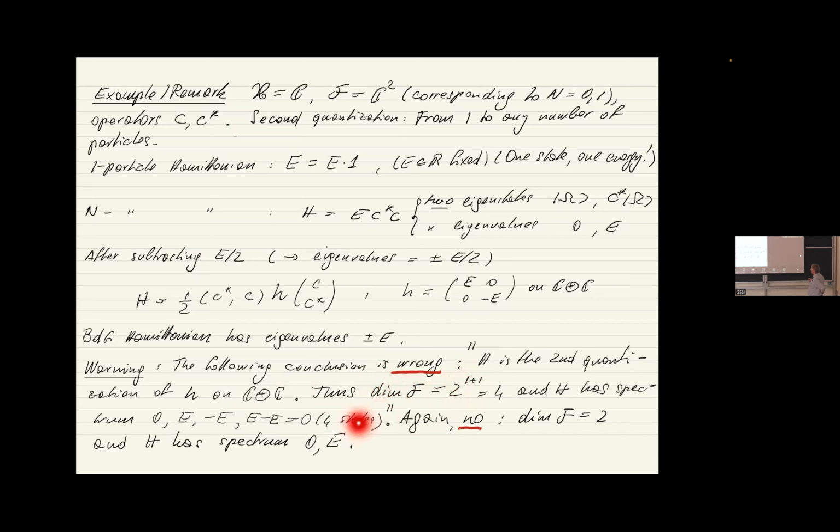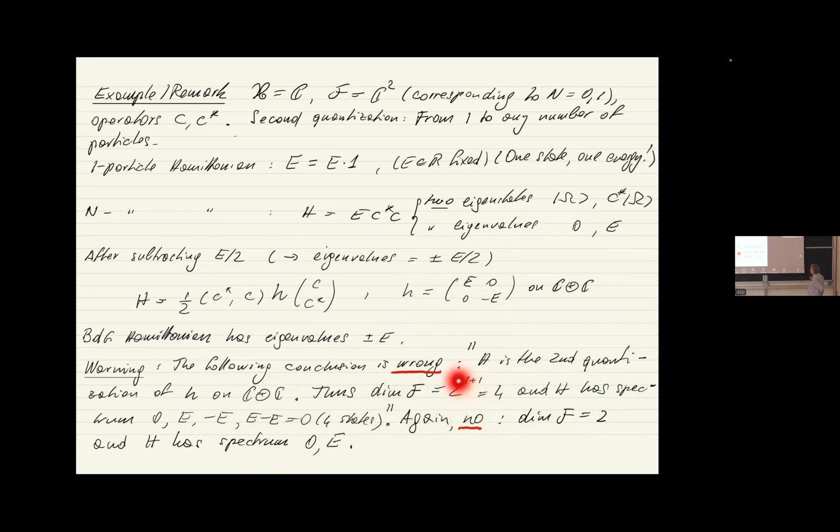That's 2 to the n. And here that n is 1 plus 1. So the Fock space would have dimension 4. And therefore, H would have a spectrum consisting of 4 elements. If this were really the second quantization, then you could pick none, which gives 0. You can pick that one, you can pick that one, you can pick some of them, which is again 0. But that is all wrong.